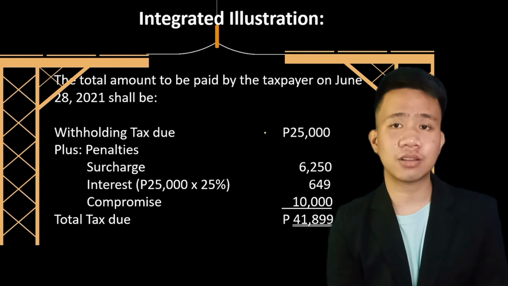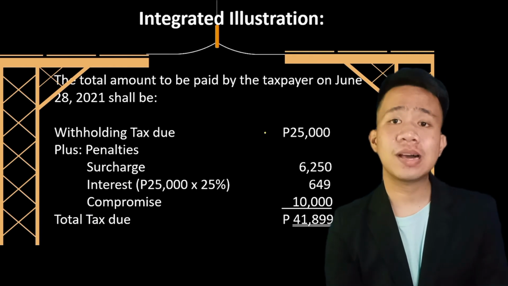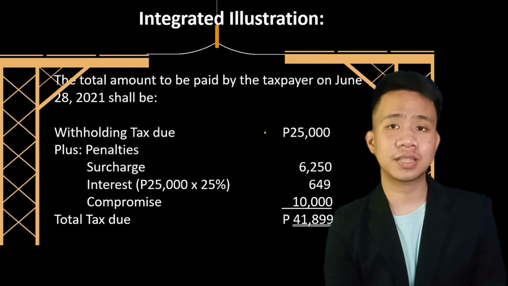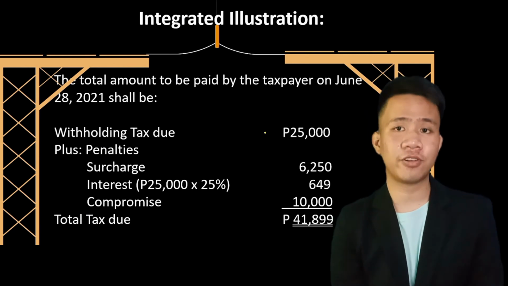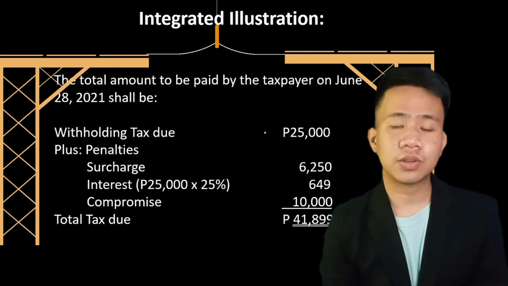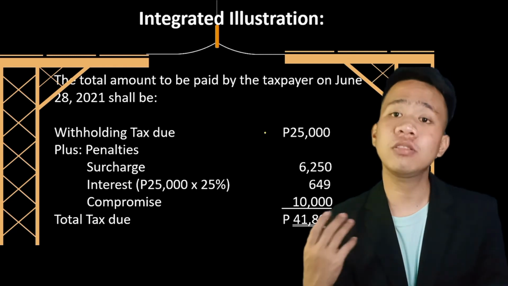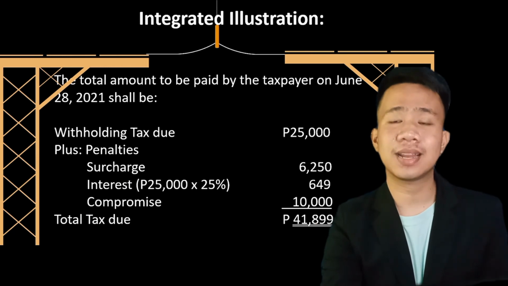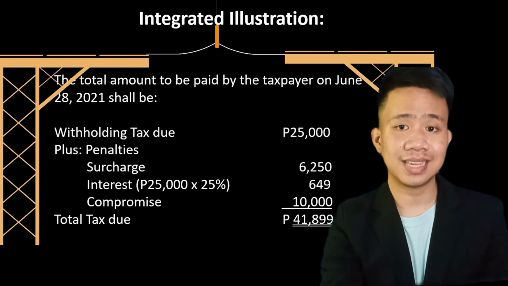So that's 6,250 pesos plus the interest, 25,000 pesos times 12% times 75 over 365. That's 649 pesos, and the compromise of 10,000 pesos. So if we are going to add all those, the total tax due now is 41,899.